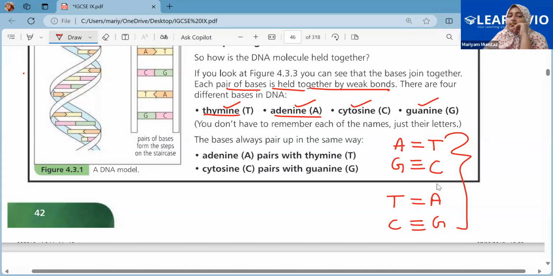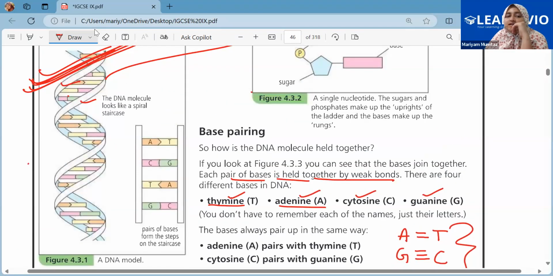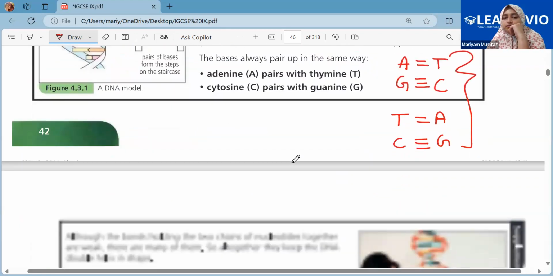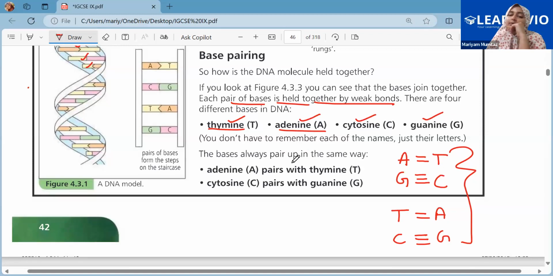Clear? So in the DNA molecule, in the double helix, these structures that you're seeing are the base pairings, wherein all kinds of base pairings, A, T, G, C, can be present. Any doubts up until now? No. A will always pair up with T and never with anyone else in DNA.